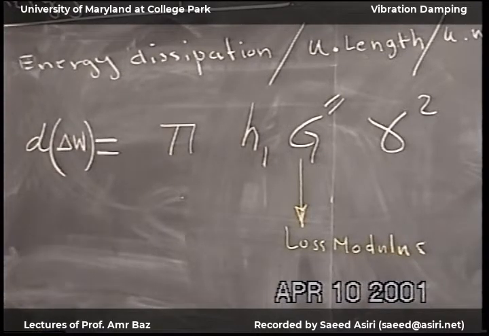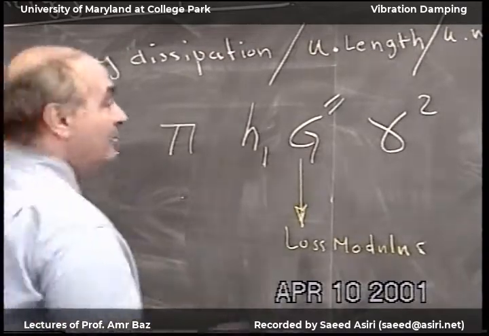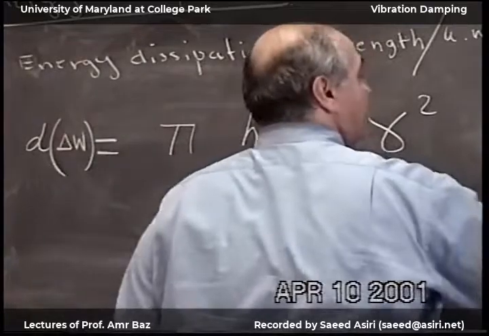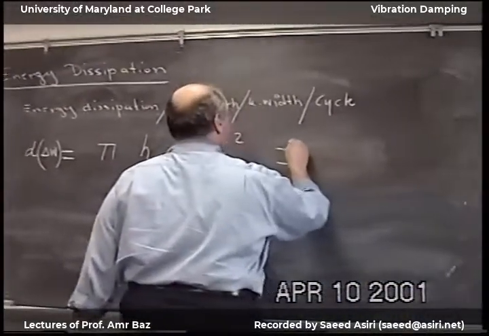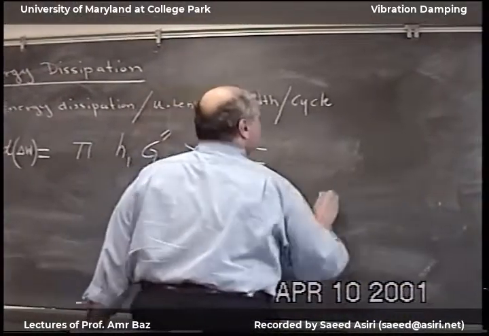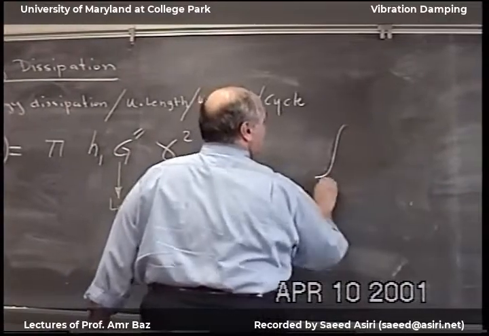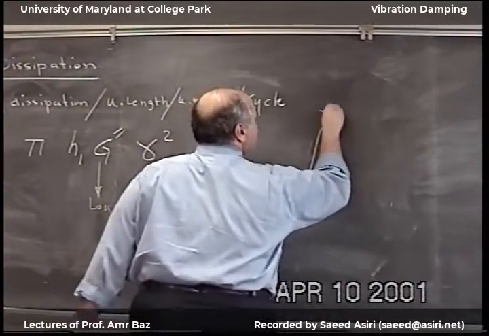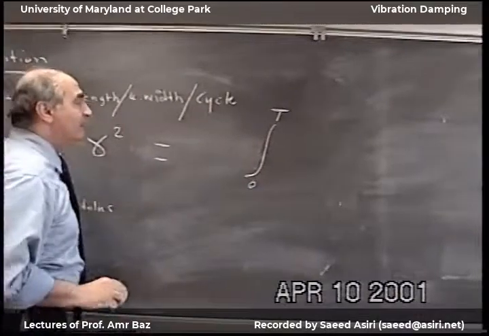Let me just go through so you can see where this came from, so it will not make any confusion. What we're trying to do is like this: integral over one cycle, the period of one cycle.